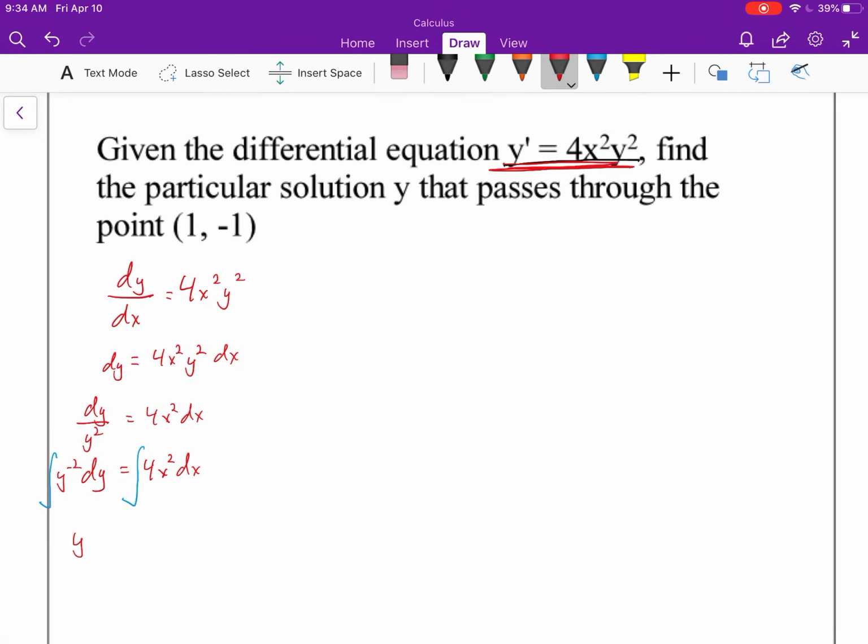This will give us y to the negative 1, and multiply the outside by negative 1, plus some c value, equals, this is going to be 4, we'll have an x cubed, we'll have to put a third out front here, plus some other c value. So we can bring the constants to one side, so we have negative y to the negative 1 equals 4/3 x cubed plus some c value.